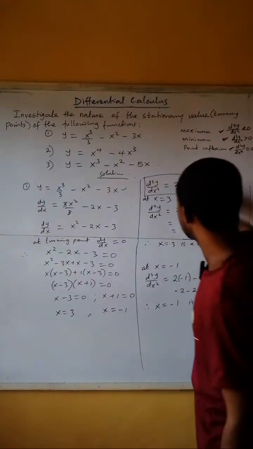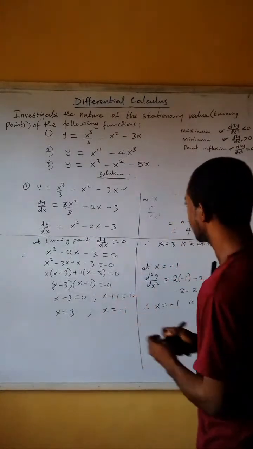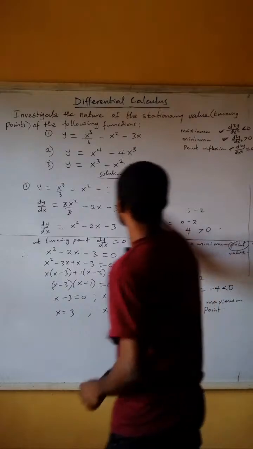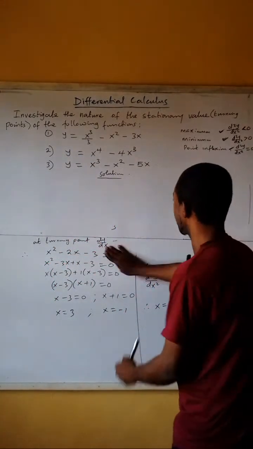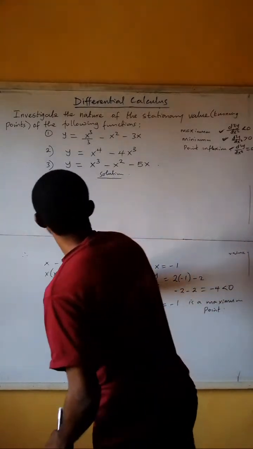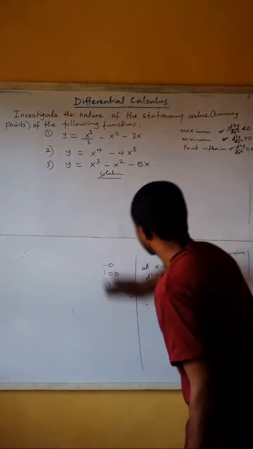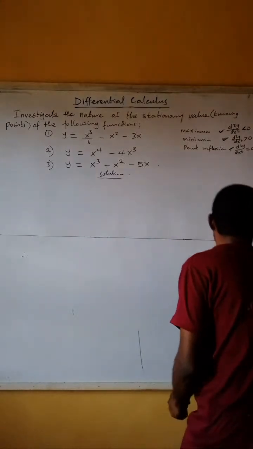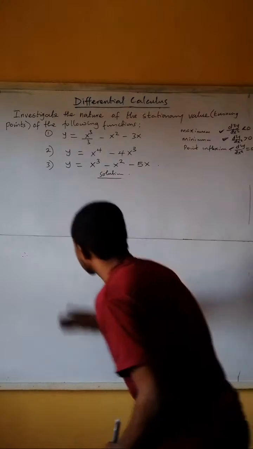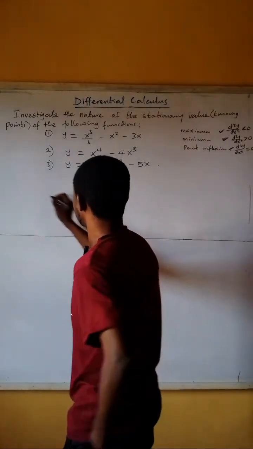Now, the second question here as well, very quickly. From what we have, y equals x raised to power 4 minus 4x cubed. From there, the turning point is the first thing.